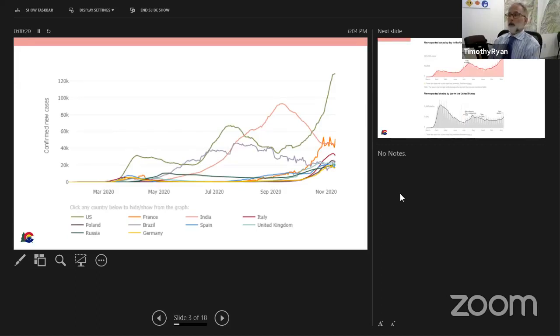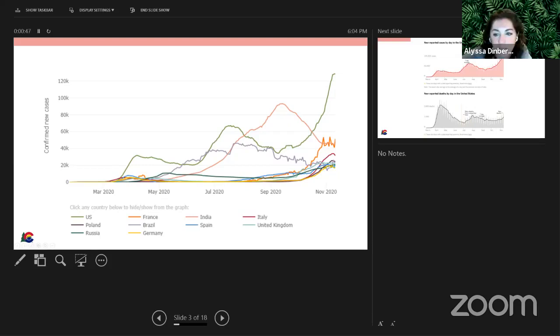And on the far left in this chart, the United States is the green line here. As you go through, you see in the middle of the summer, we had a significant increase in cases as people became more mobile after lockdown and traveled around the country, where we saw a significant increase in cases.